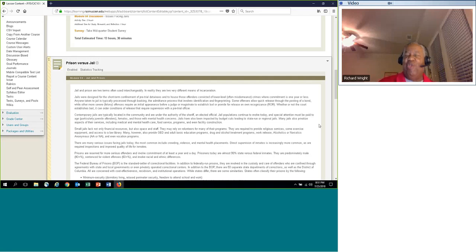Jails are generally located right near the courthouse or in the community. Here in our Will County, the jail is located right behind the courthouse. And in Cook County, there are various outlying courts that handle cases, because Cook County is very big.